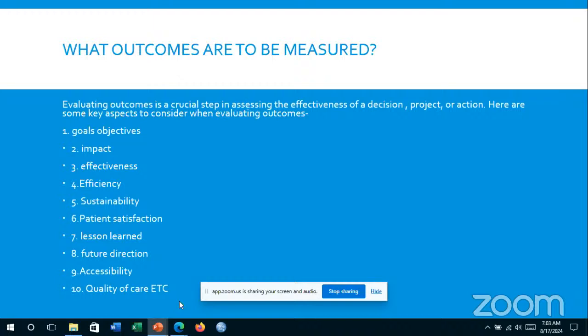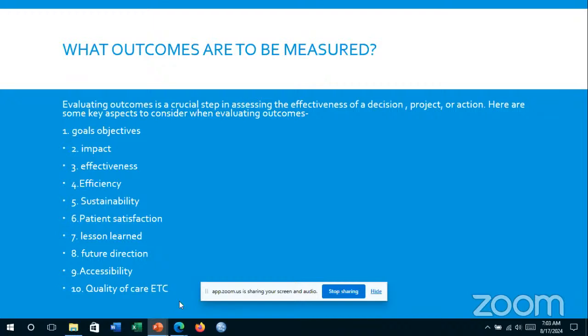What are outcome measures to be measured? I already stated that: effectiveness, efficiency, impact of the diseases, sustainability of whatever achievement we have made, patient satisfaction. If there are lessons learned and future direction, accessibility issues can also be part of the outcome measures that are going to be measured.